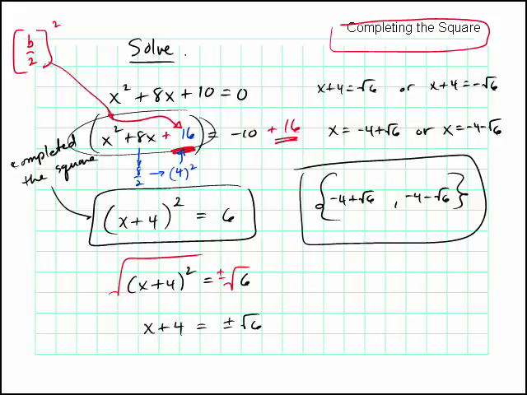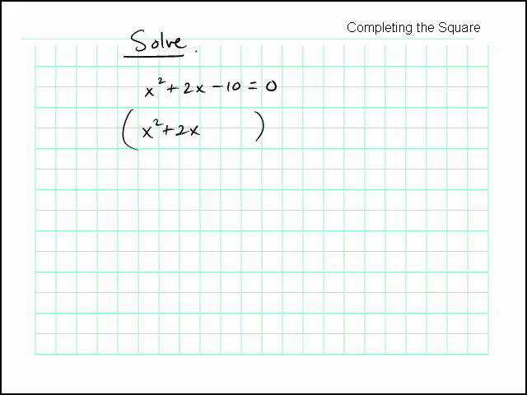Let's try another one similar to that. Solve x squared plus 2x minus 10 equals 0. Move the 10 to the other side and leave some space in there.